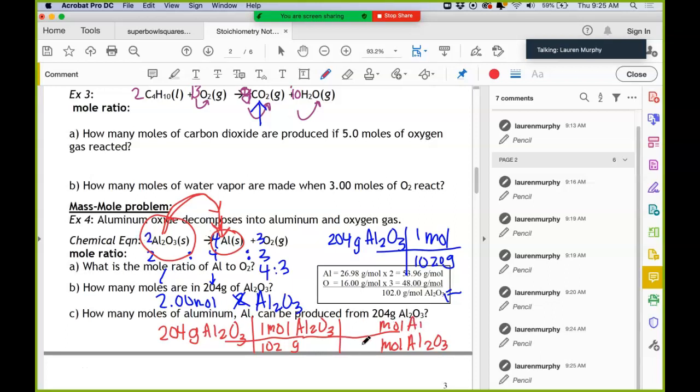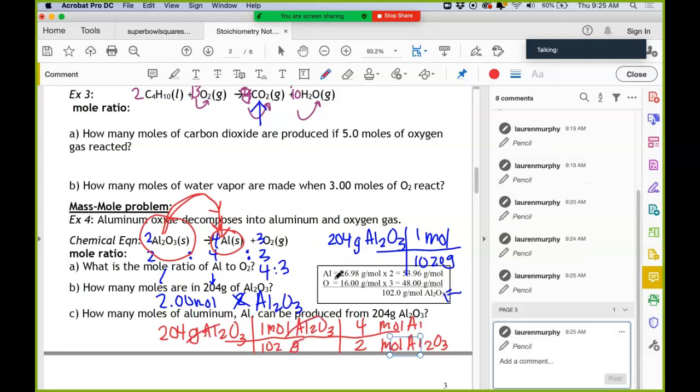So it's 2 moles of aluminum oxide for every 4 moles of aluminum. Can you call this 2 to 1 instead? And that answer is yes. If you want to reduce that fraction, you're welcome to. It doesn't matter. I'm not going to. I'm just going to leave it like this. 204 right here divided by 102 times 4 divided by 2. Is it 1?